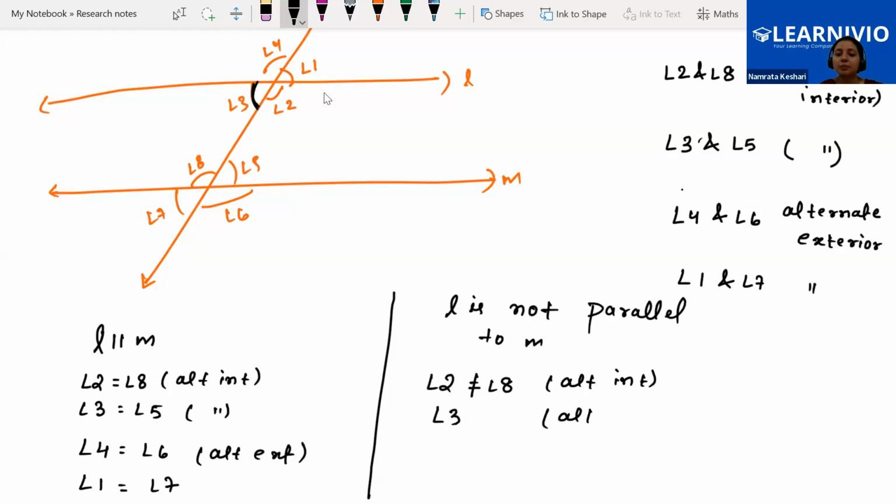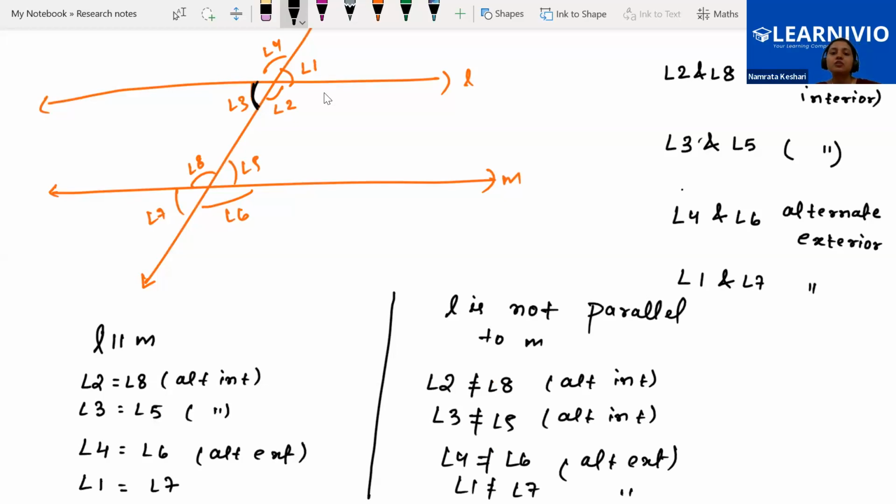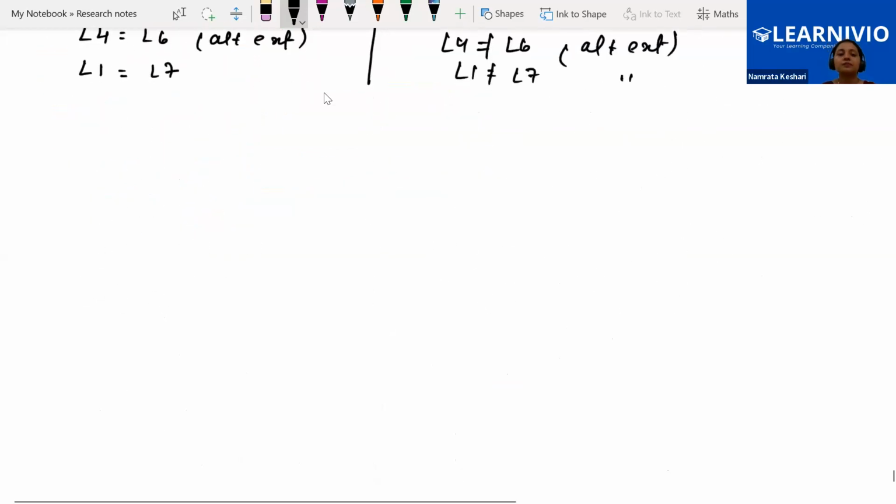Alternate interior, but these are not same since L and M are not parallel. Is it clear so far? Any doubt? No, ma'am. Let's continue.